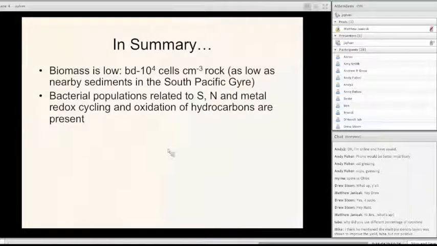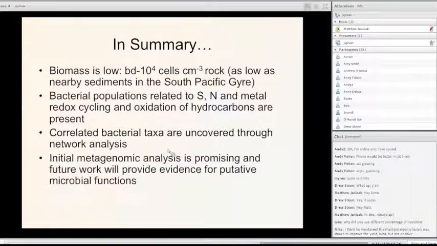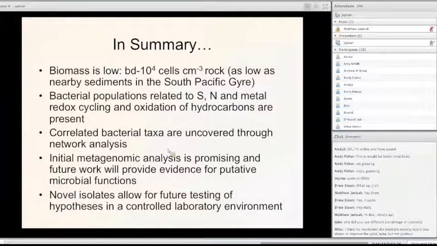We found bacterial populations related to sulfur, nitrogen, and metal redox cycling and oxidation of hydrocarbons. We found correlated bacterial taxa that were uncovered through network analysis. Initial metagenomic analysis is promising, and future work will provide evidence for putative microbial functions. And finally, novel isolates, as Bacillus was one, there are some others, allow for future testing of hypotheses in a controlled laboratory environment.